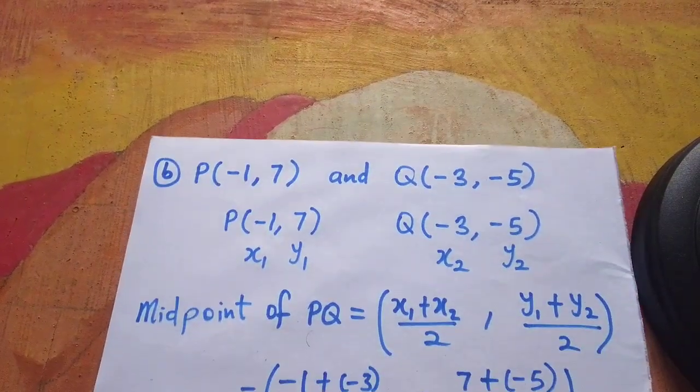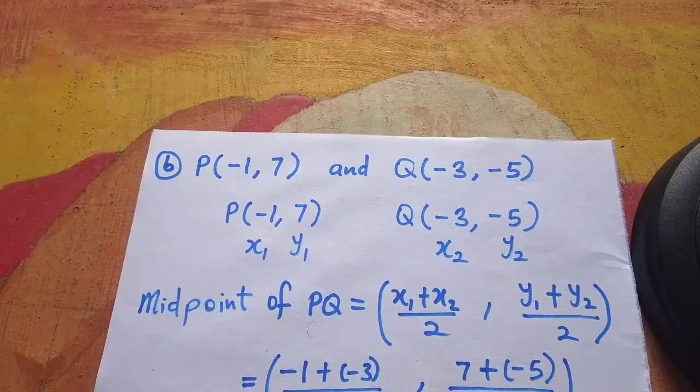So you are going to substitute into the formula. You are having this formula that what? x1 plus x2 divided by 2 and y1 plus y2 divided by 2 to be the midpoint coordinates.